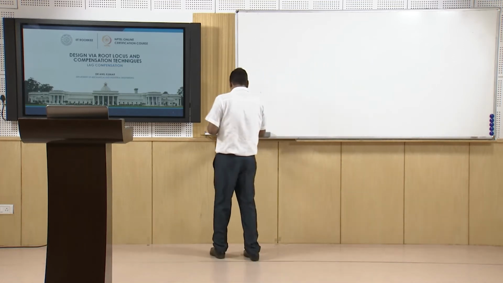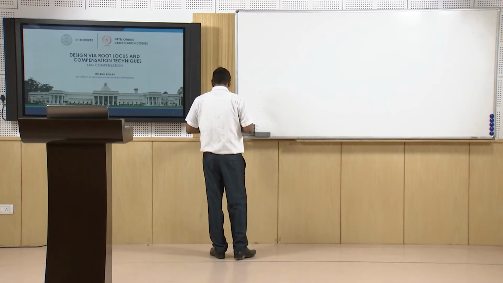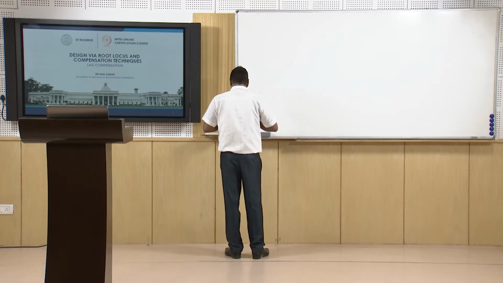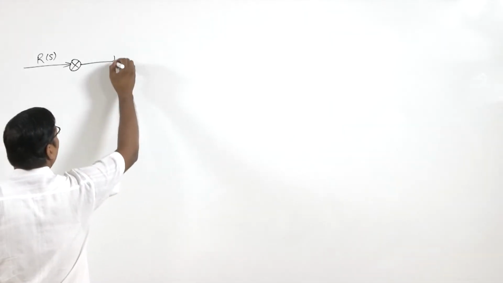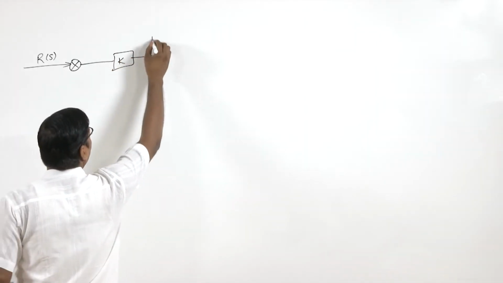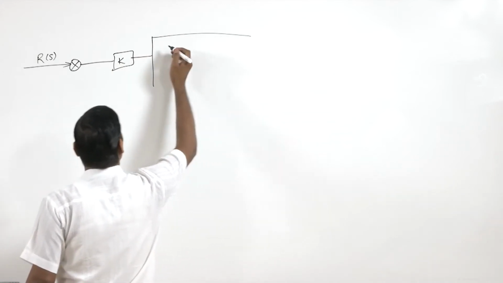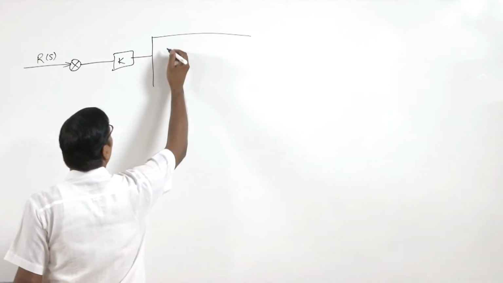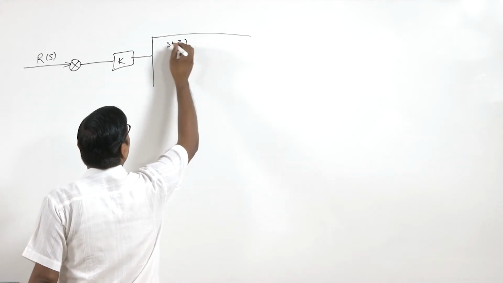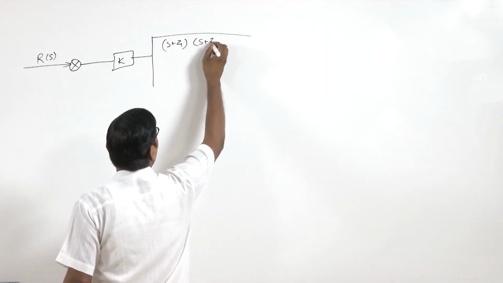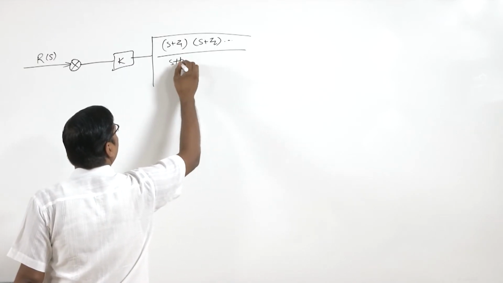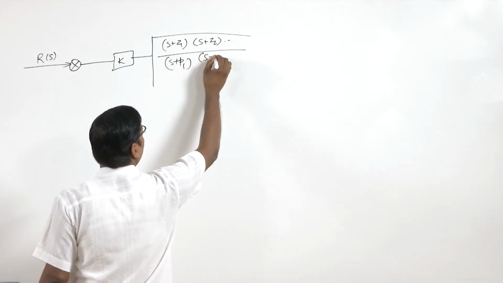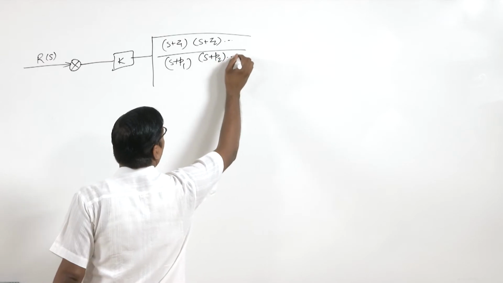So if we have such a system, we have this gain and we have this G(s), which we can write in terms of (s+z1)(s+z2) and so on, upon (s+p1)(s+p2) and so on.